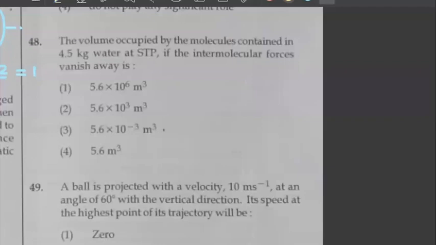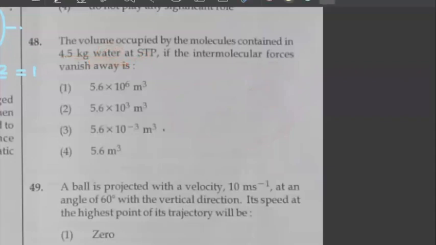What they are trying to do here is confuse you with the Van der Waals equation for real gases. Anyways, it's not a gas; it's actually water. Even if it was a gas, I would think of the intermolecular forces, and because of that the actual volume is slightly less, so we take V minus nb as the volume. But we don't have to do all that, it's just simply water.